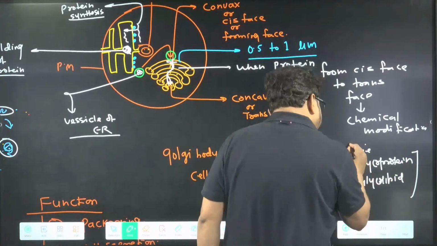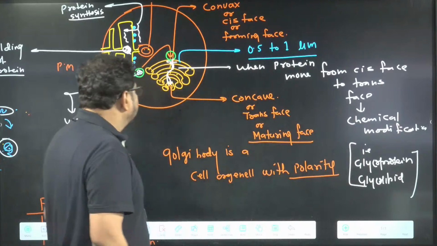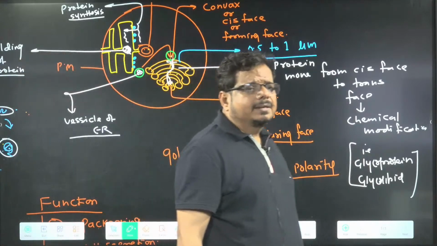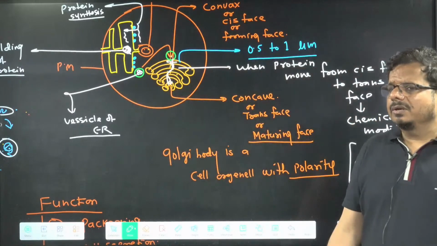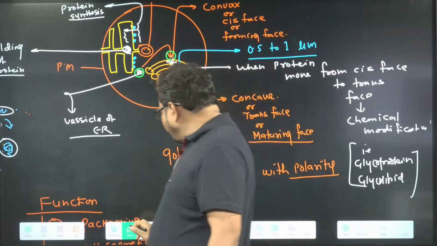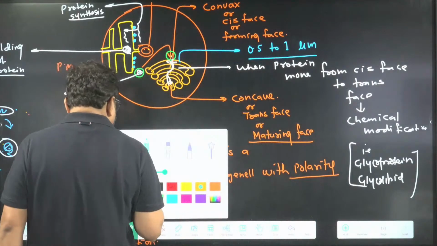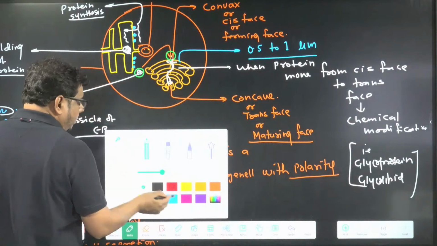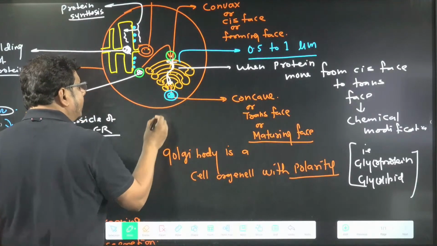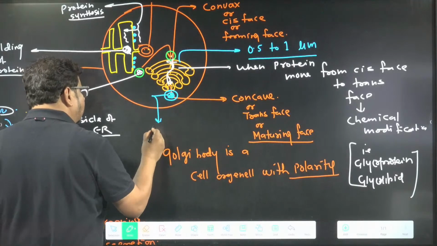So how does this chemical modification occur? When it is moving from cis phase to trans phase, chemical modification occurs in the Golgi complex. So did the entire picture come to your mind or not? Now what happened finally? Finally, these proteins, chemically modified, are packed in a vesicle called a Golgi vesicle.